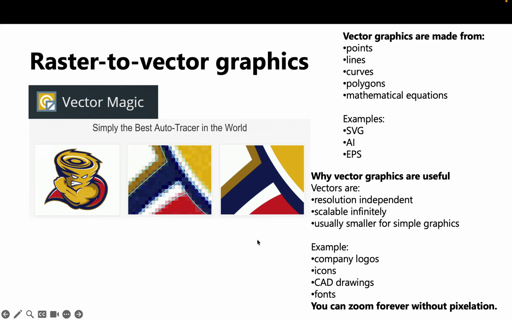It's slightly different from the pixel-based image. So no matter how you zoom in the image or make it smaller, the image is always smooth and sharp. One typical example is you generate the vector graphic from points, lines, curves, polygons, and use some mathematical equations.